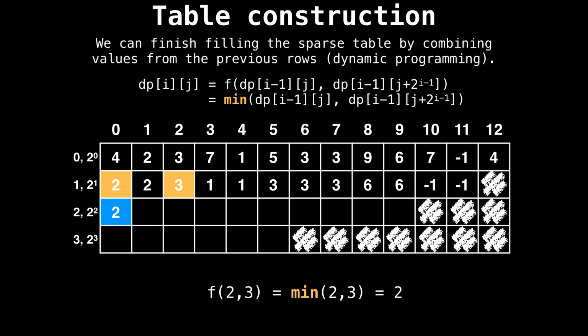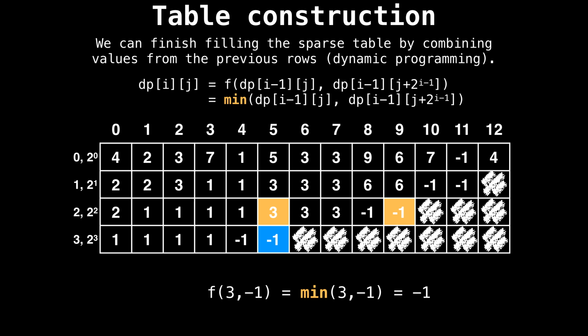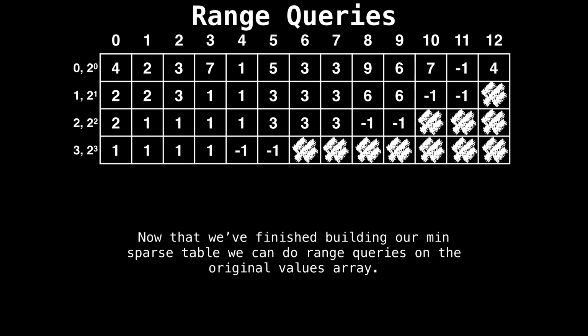On the next row, we would do the same thing, but now we're constructing all intervals of size 4 instead of all intervals of size 2. And lastly, we would build the bottom row, which represents all intervals of size 8. Great, we are finished building the minimum sparse table.